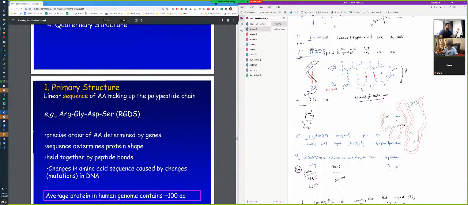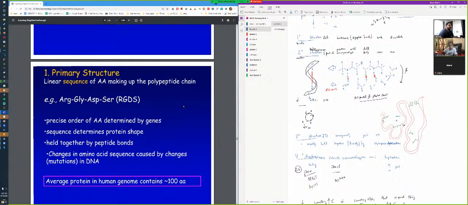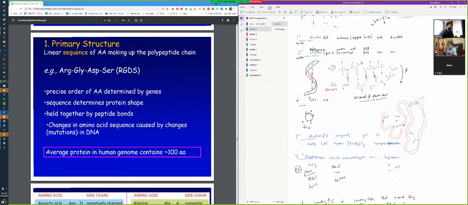You could decide if you want to write it out like how I wrote it out. The primary structure is just the amino acid backbone, the precise order, held together by peptide bonds.